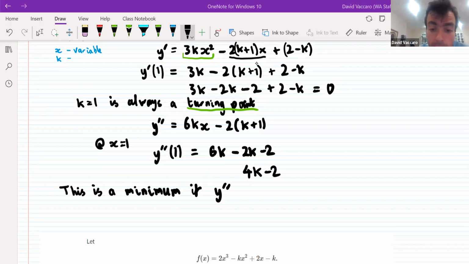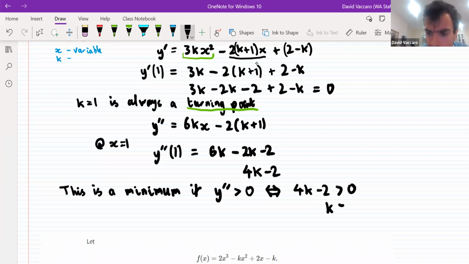So this is a minimum if y double dash is bigger than 0. And that condition is equivalent to 4k minus 2 is bigger than 0, which simplifies to k is greater than 1/2.